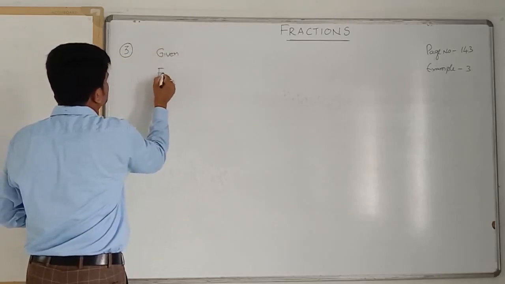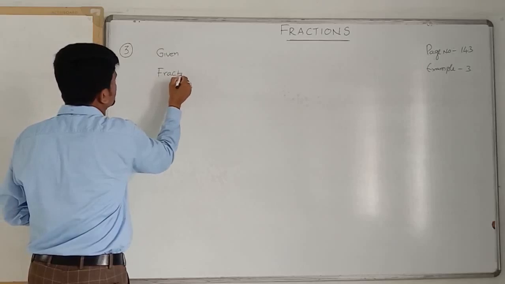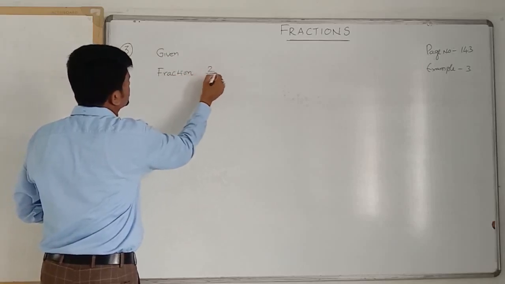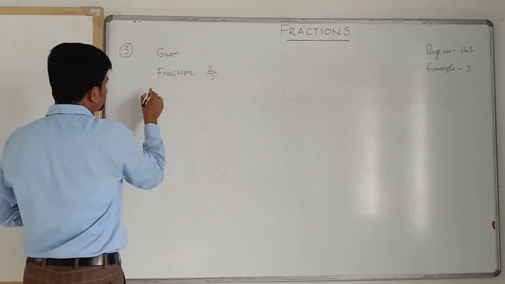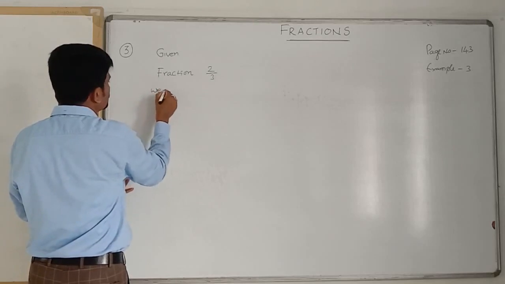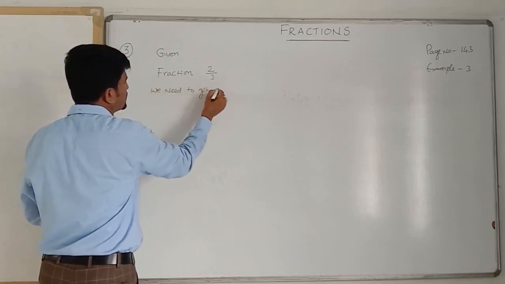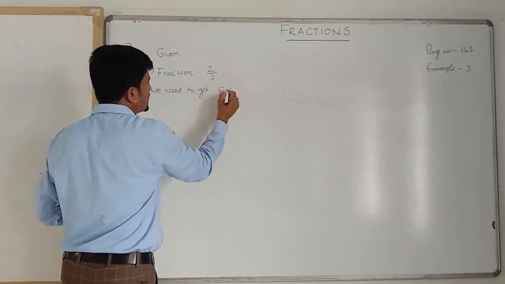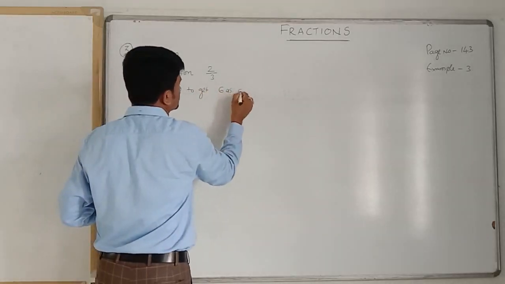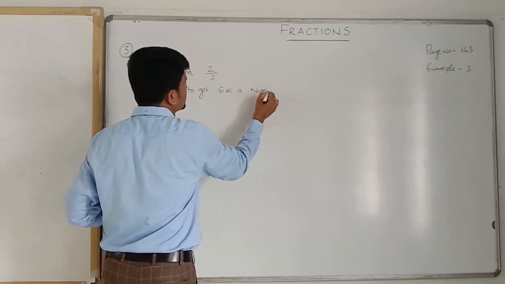Given fraction 2 by 3. Okay, what we need to get? We need to get 6 as a numerator. Am I right?